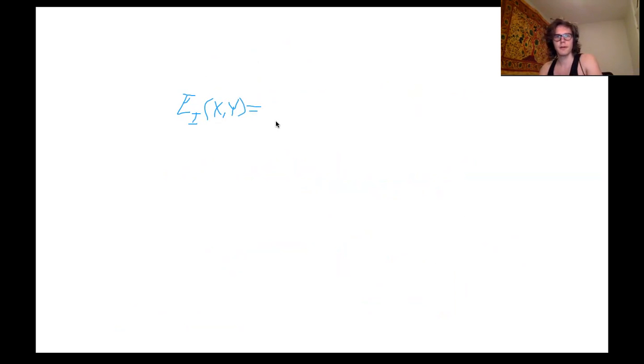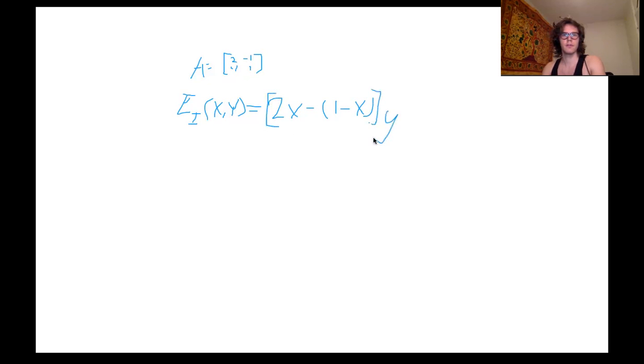So for those particular matrices that I gave you, the ones that are also on page 139 there, you're going to get 2x minus 1 minus x, I believe, y, and then, what is it? Minus x plus 1 minus x.